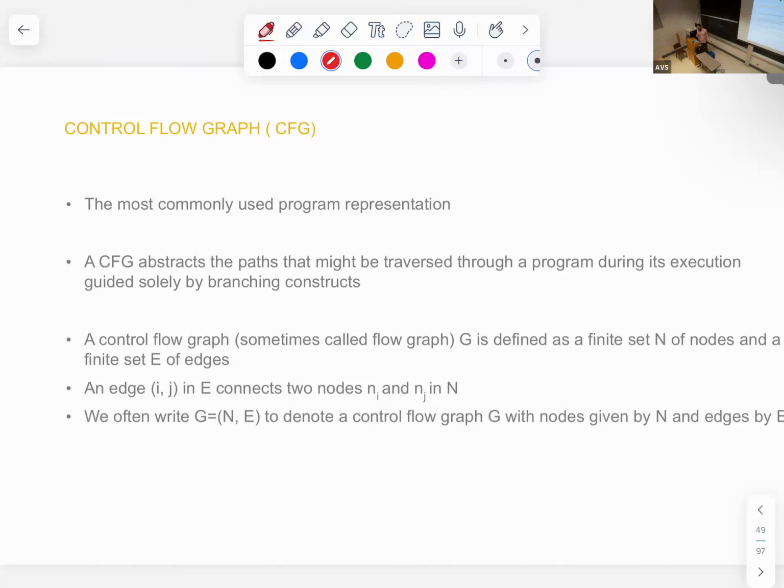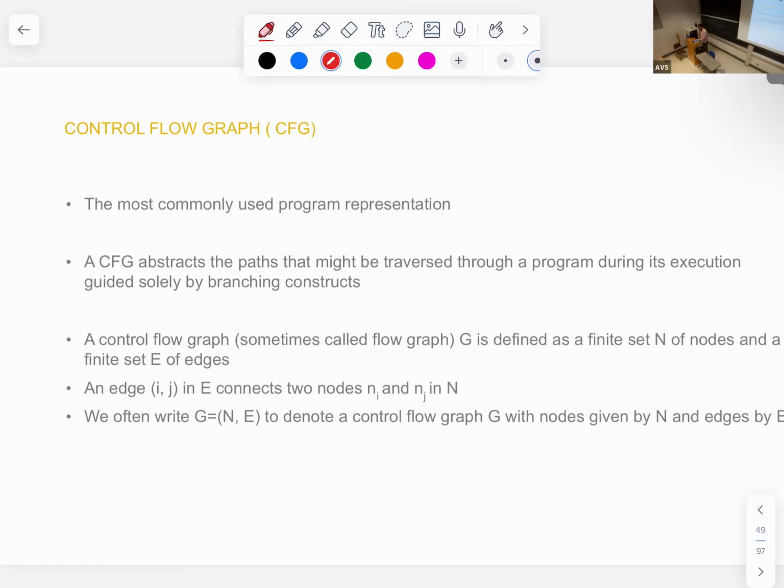Essentially, by CFG, you can describe the common path that the program has. And I already told you why paths are important for us. For both our static analysis and dynamic analysis, we need to be able to extract the path and check this path against some known techniques.